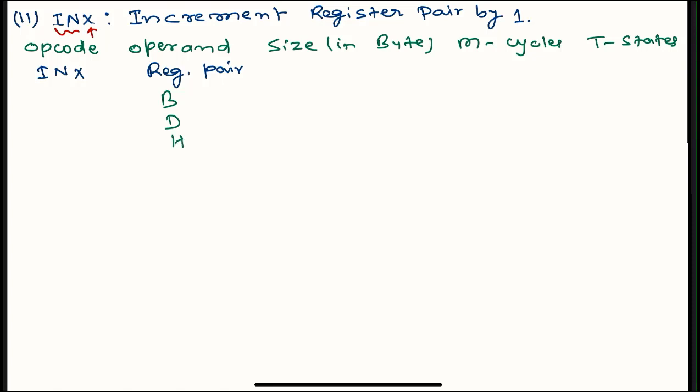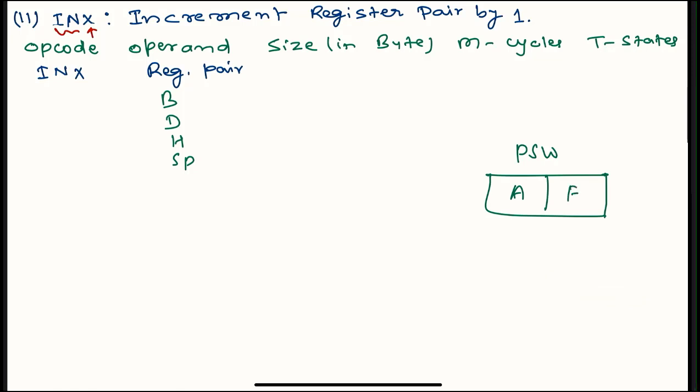And after this, SP. There is another register pair also, which is called the PSW, program status word, in which the higher byte is the accumulator and the lower byte is the flag.